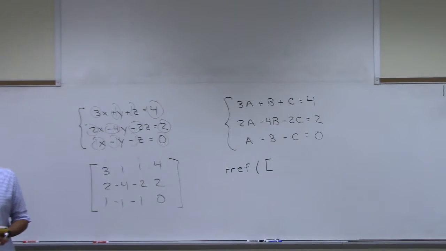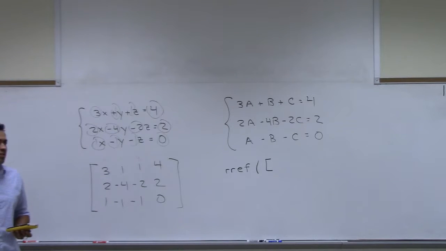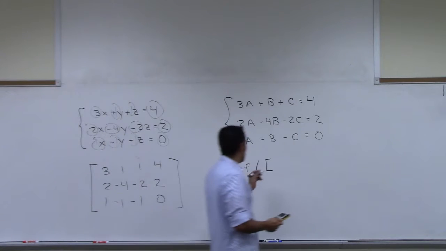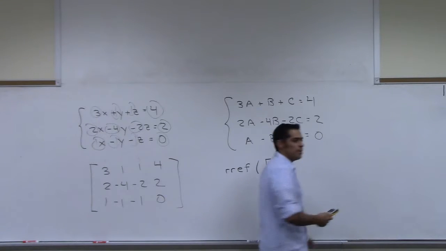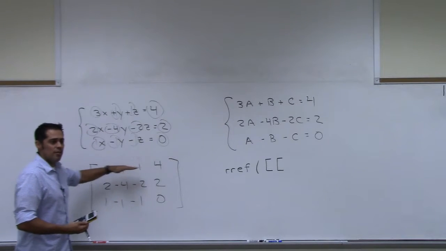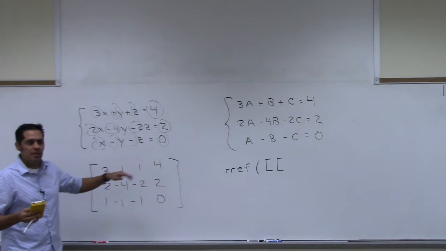What that bracket says to your calculator is you're about to start putting in a matrix. Then you put another bracket, and that tells your calculator, here comes the first row of numbers. You're now going to put these numbers in with commas between them. The comma is above the 7.